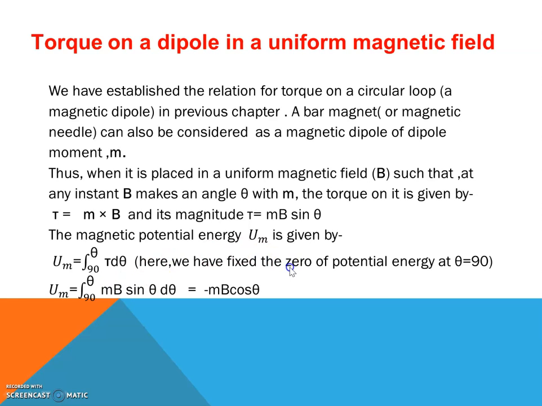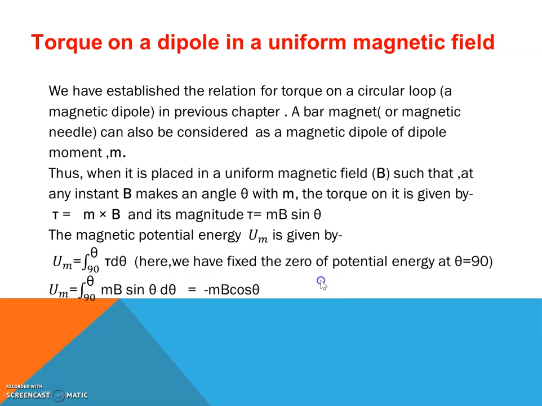At this state, potential energy of the system will be 0. Now, from this 0 state, the dipole is rotated to a new state, say theta. Dipole is rotated to an angle theta.